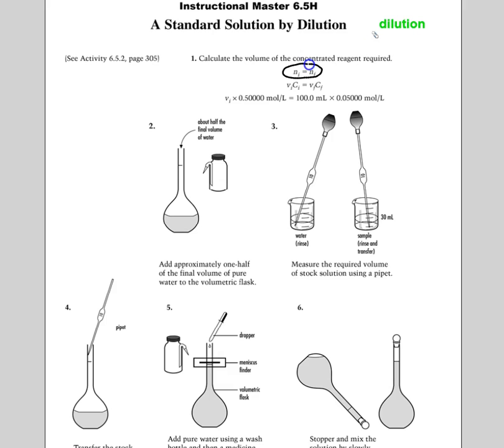When we prepare dilution, the amount that we're taking out from the stock solution ends up being topped up with more water, but the number of moles that we removed from the stock solution is the same in that pipette as what we have in the final flask. So what we say here is that the initial number of moles removed and the number of moles final in the flask are equal, okay, as long as we don't spill anything.